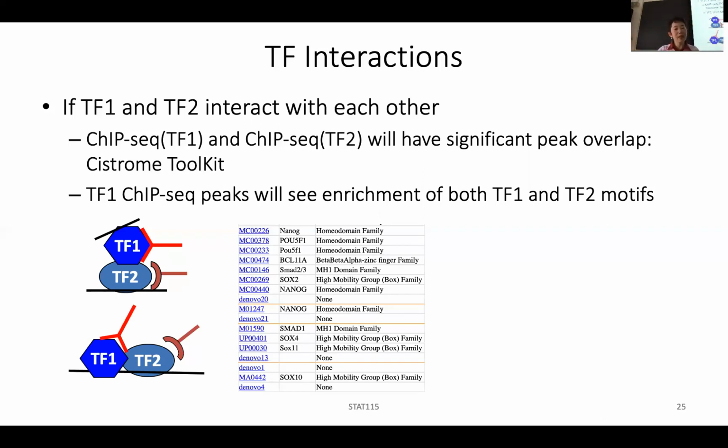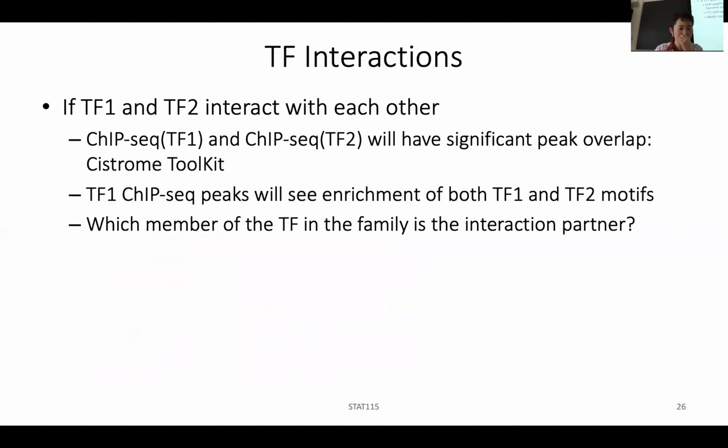Okay. So either by a peak overlap or motif enrichment, you can figure out whether some family of transcription factors can interact with each other. And then to really figure out which member of the family is interacting, usually you look at expression.